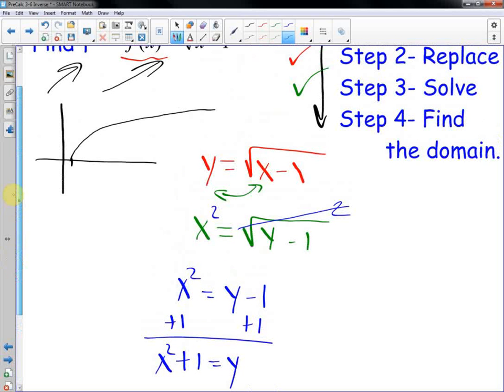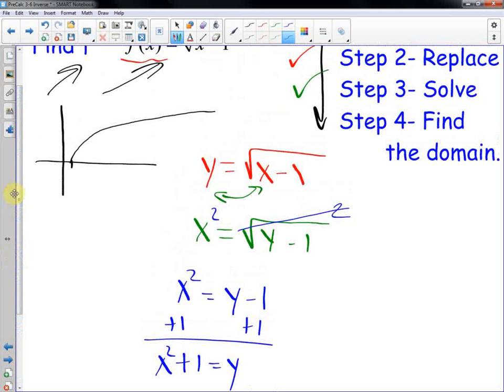So step 4 is find the domain. Now remember, when we have inverse functions, the domain of one is the range of the other, and the range of one is the domain of the other. So if I'm looking for the domain down here, it is going to be the same as the range up here.